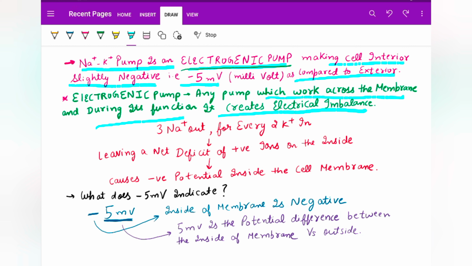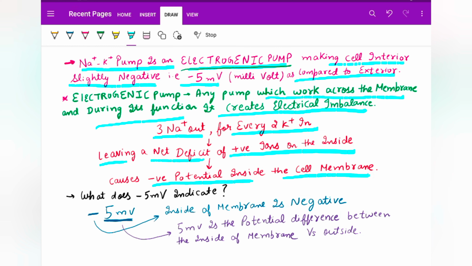It is pumping 3 Na+ out for every 2 K+ in, and due to that it is leaving a net deficit of positive ions on the inside, and that is causing a negative potential to develop inside the cell membrane. As I told you, by the function of sodium potassium ATPase, the interior of the cell becomes electronegative as compared to the exterior, but only by minus 5 millivolt.